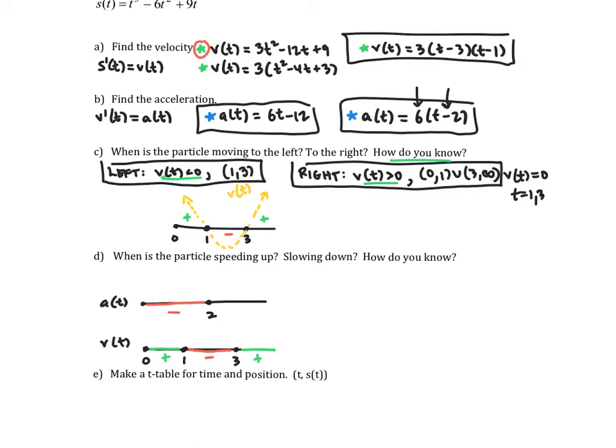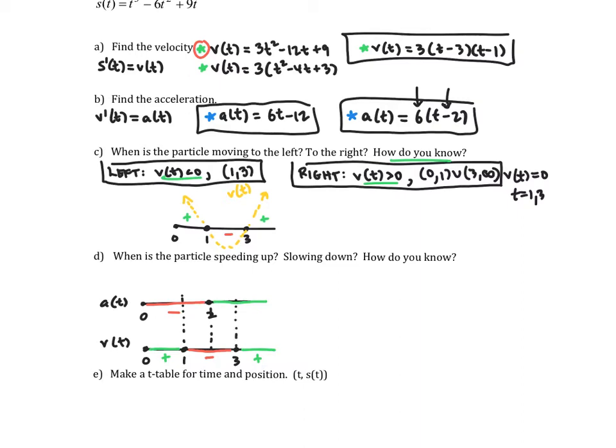So acceleration will be negative between 0 and 2, and then it will be positive after 2. So what we're going to do is cross-reference the two graphs and see where they have the same sign and where they have different signs.